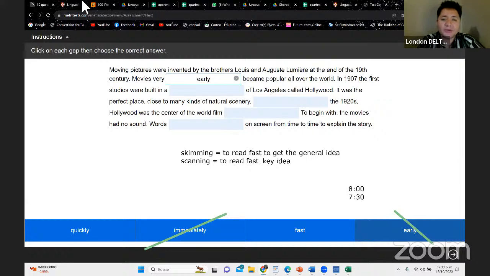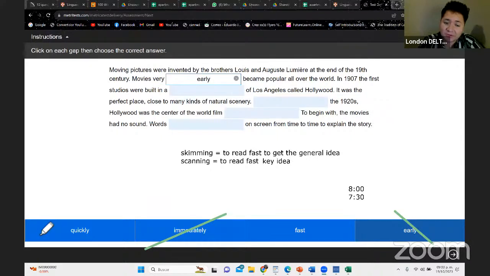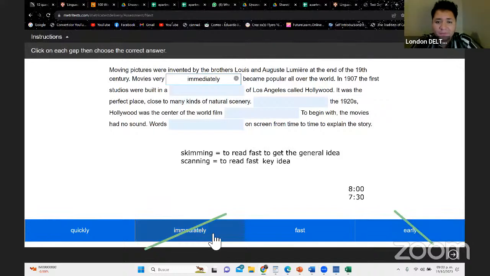The word "very" doesn't get along with "immediately." You can say "immediately," but not "very immediately." Something is immediately or something is not immediately. So let's eliminate these two options.